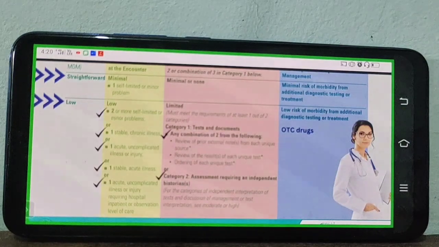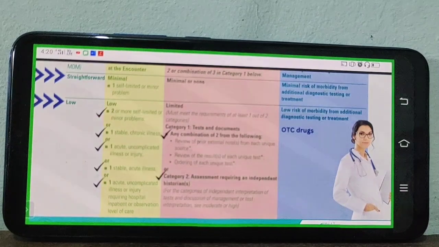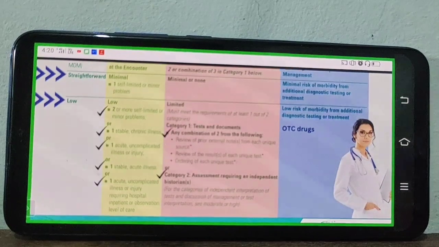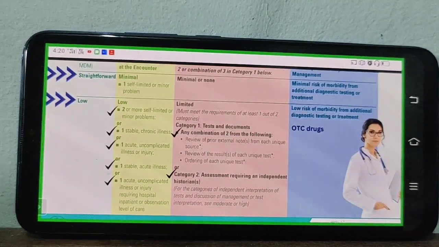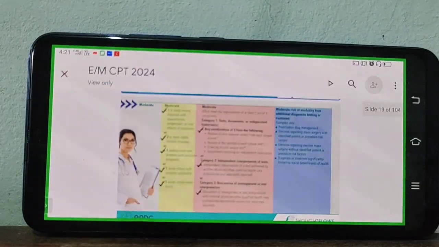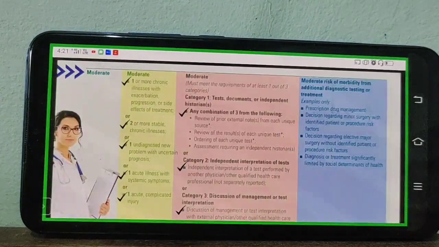So they are called independent historians. Apart from the patient, if any other third person explains the patient's health condition, they are considered independent historians. All these 4 points are clubbed in this single category.